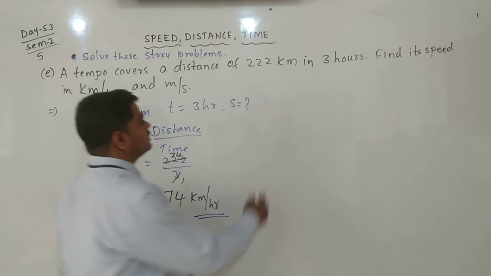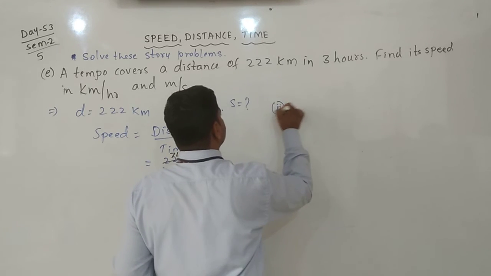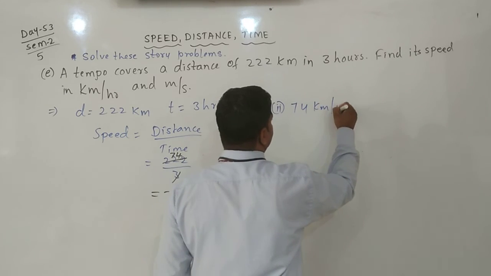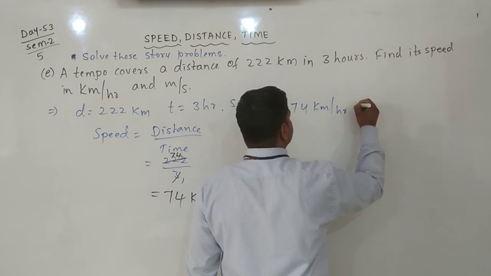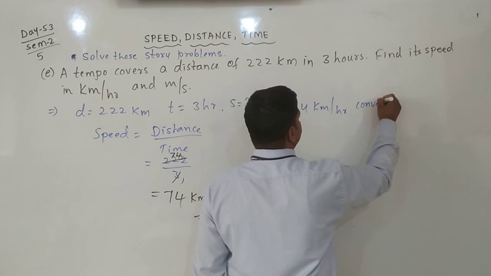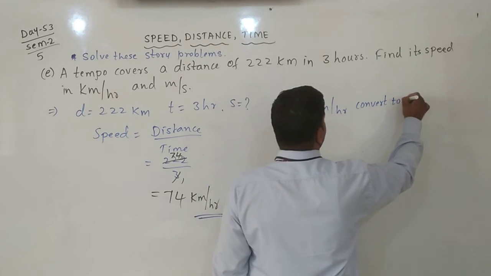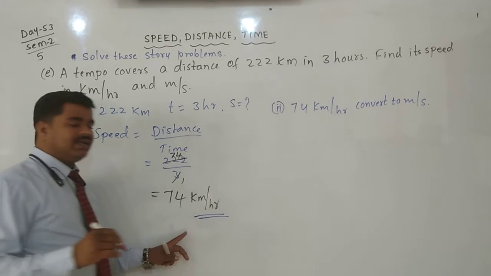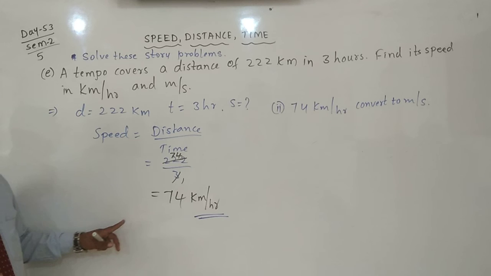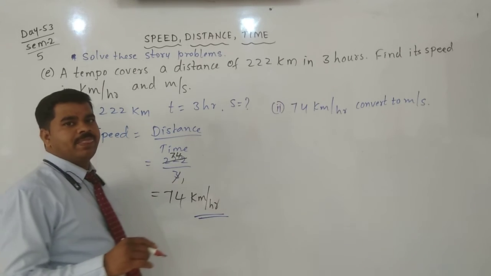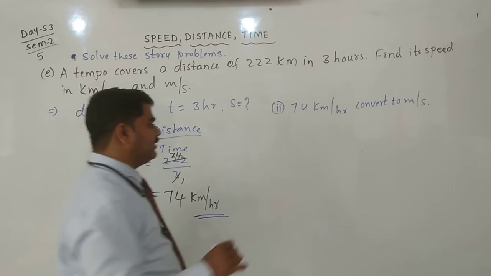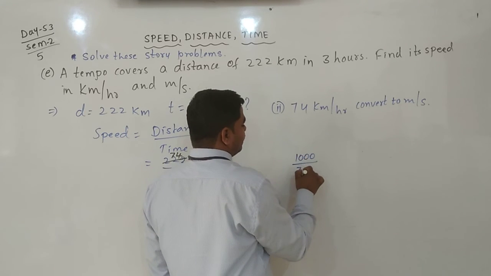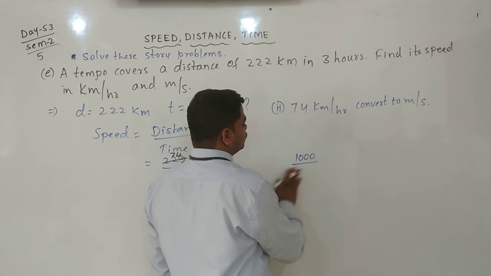Now convert this for the second one. 74 kilometer per hour, convert to meter per second. That is very simple. What will you multiply by to convert to meter per second? Yes, multiply by 5 by 18. Yes, you multiply 1000, divide by 60 into 60.